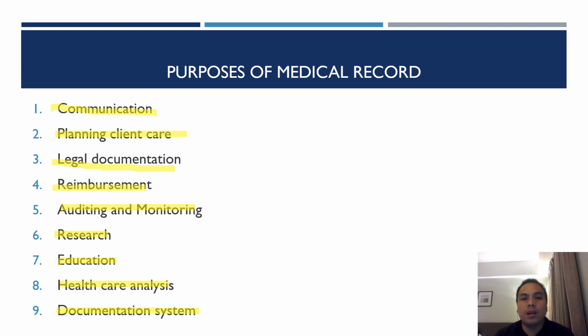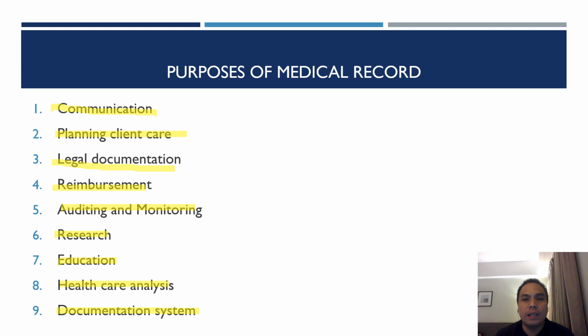When we say legal documentation, that is the client's record is a legal document and is usually admissible in court as evidence. While in reimbursement, documentation also helps a facility receive reimbursement from the federal government.